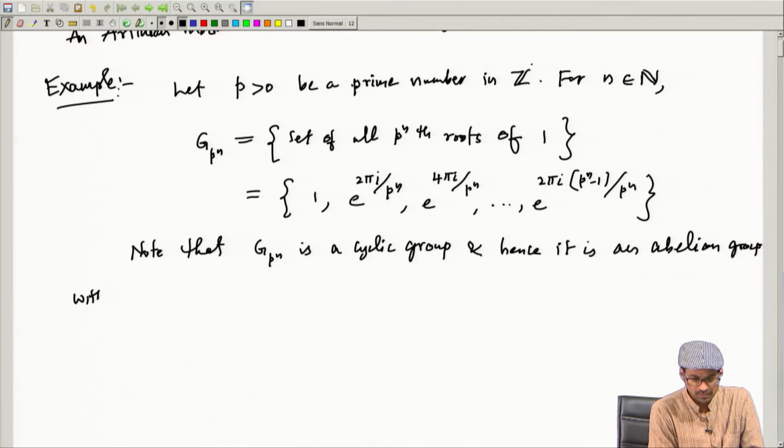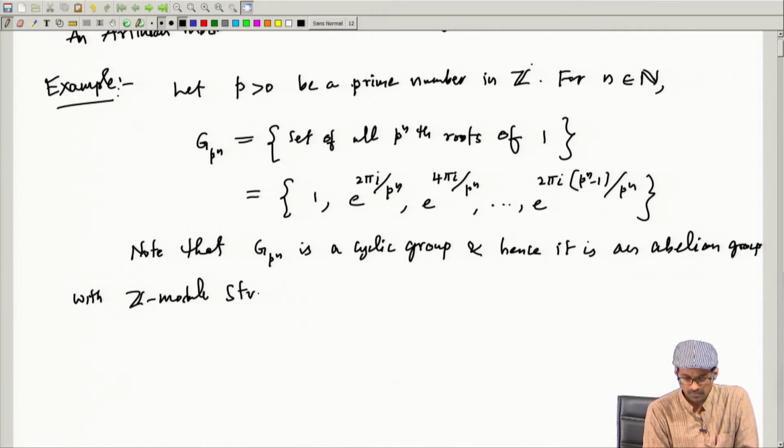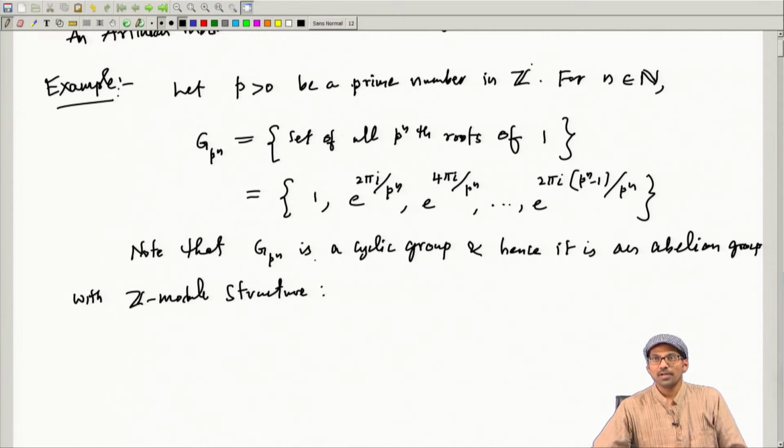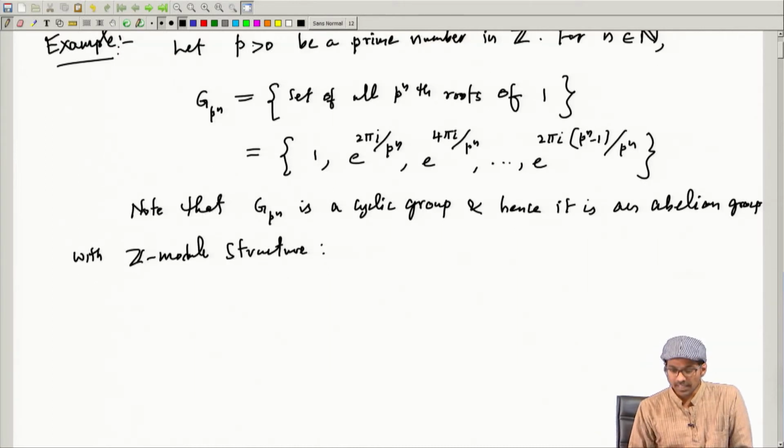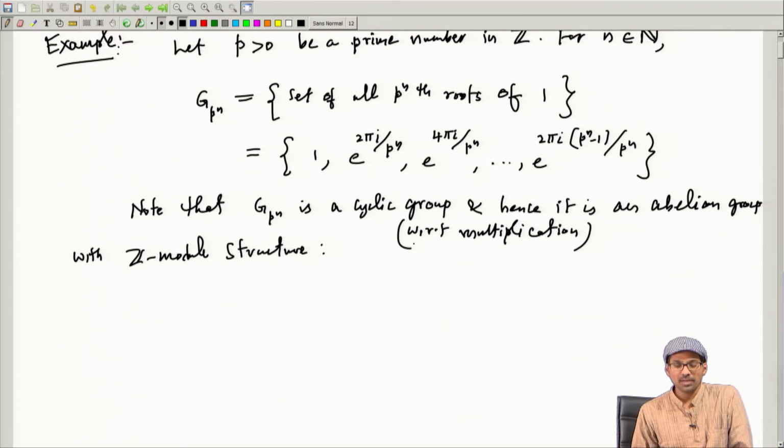with Z-module structure. So, every abelian group is a Z-module. Okay. So, it is a multiplicative group, a cyclic group with respect to multiplication.